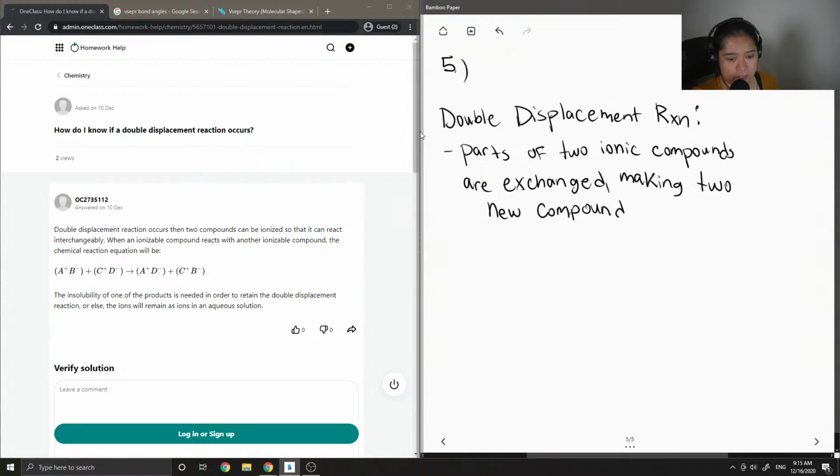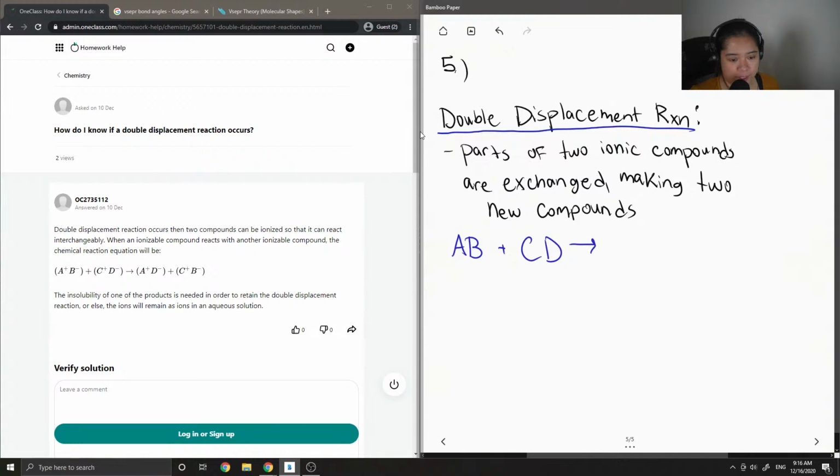So it's easier just to show what this may look like in a general reaction. Let's say we had 2 ionic compounds like AB and CD.